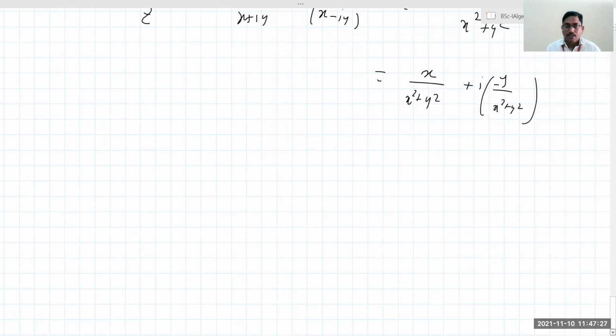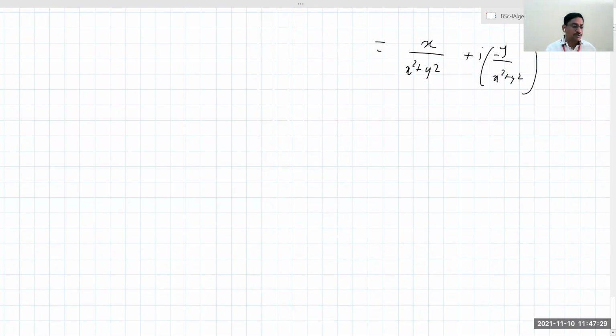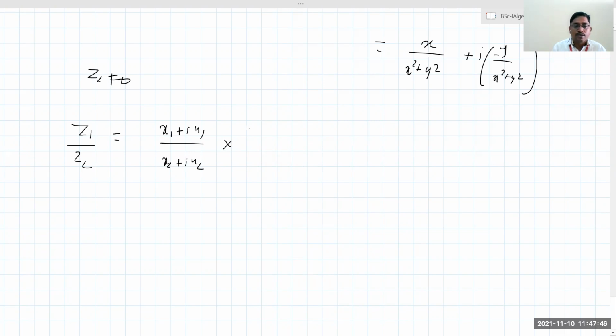Now with the help of this reciprocal, we can define the quotient, that is the division of two complex numbers. Next part, the division. I have to take z2 not equal to 0. So z1 is x1 plus iy1, z2 is x2 plus iy2. And we have to rationalize the denominator by multiplying its conjugate to both numerator and denominator.